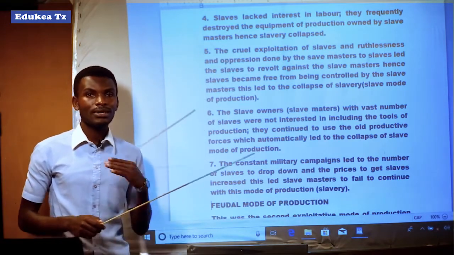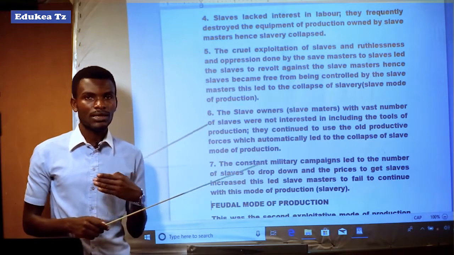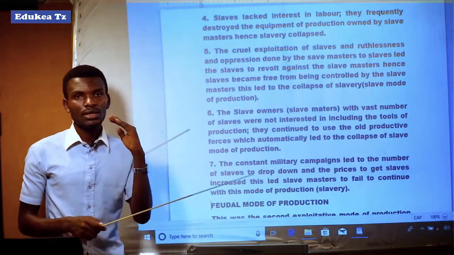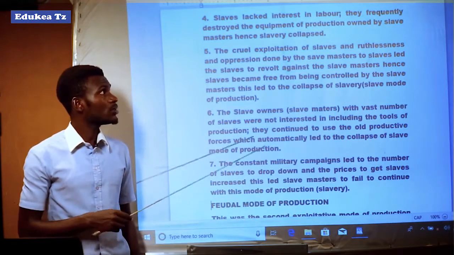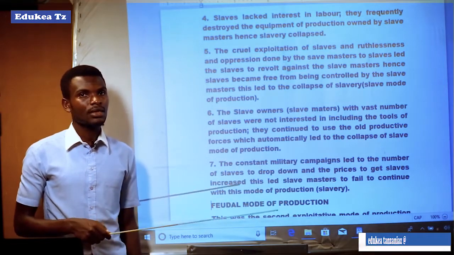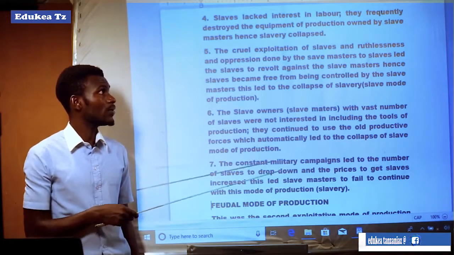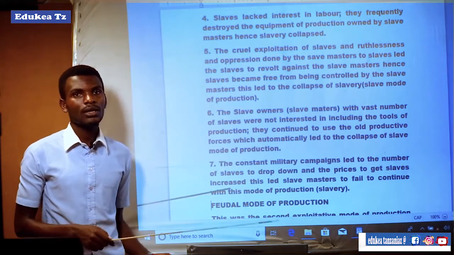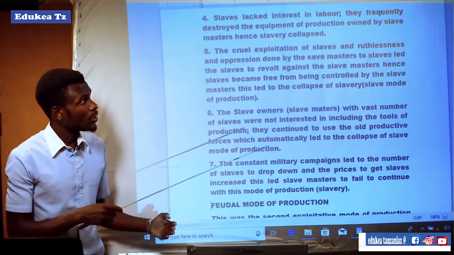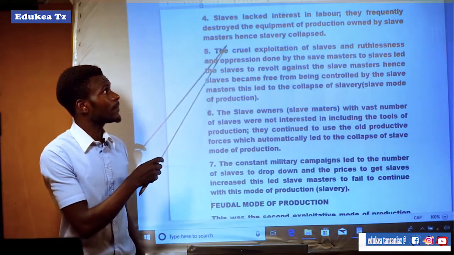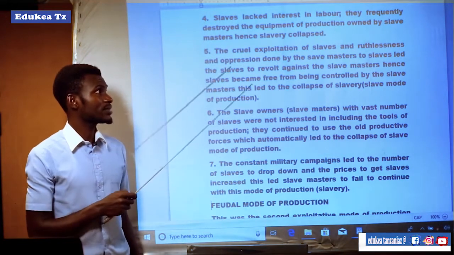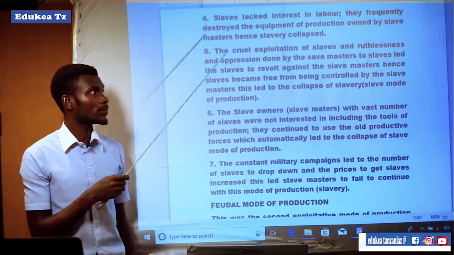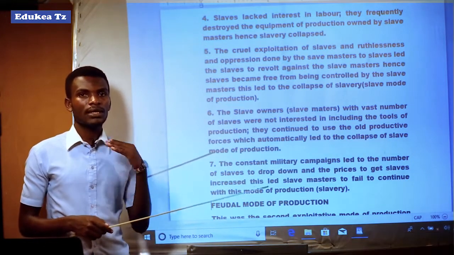It means the slaves who were used by the slave owners or slave masters frequently destroyed the equipment used in production, and that led to the collapse of slavery, because the owners of slaves got the negative effects of the slaves, who were destroying the equipment of production owned by their masters.